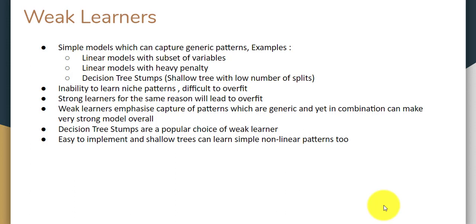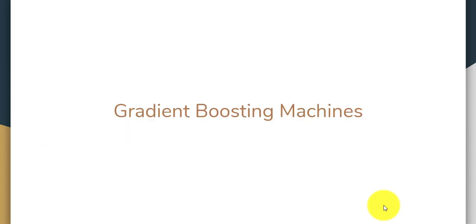Niche patterns are something very specific to a particular data point, so weak learners tend not to learn that. For example, trees with smaller depth cannot learn the niche pattern, but they are pretty good at capturing the generic patterns. That is the reason we choose weak learners, to avoid overfitting.